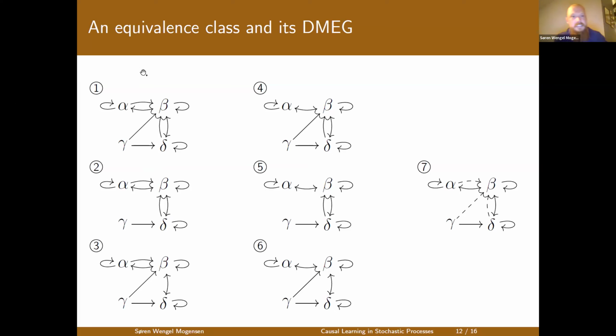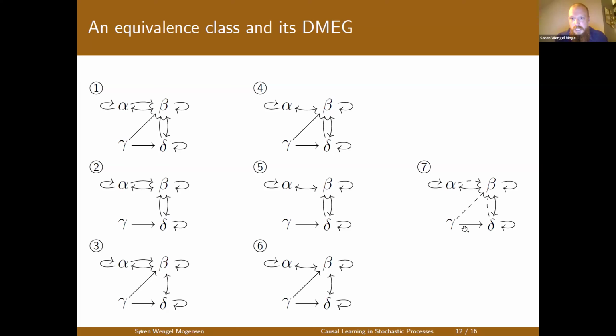So to summarize this graph, I can take the graph in 1, the greatest element, and copy paste it, and then I can just leave an edge solid if it's in every member of the equivalence class. So say the directed edge from gamma to delta, that's in all of them, and then let it be dashed if it's in some but not in others.